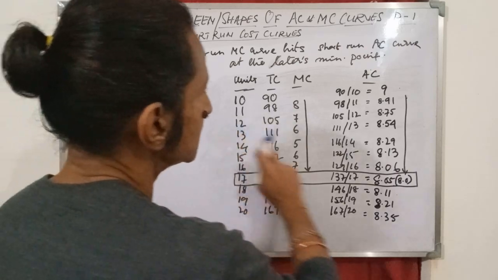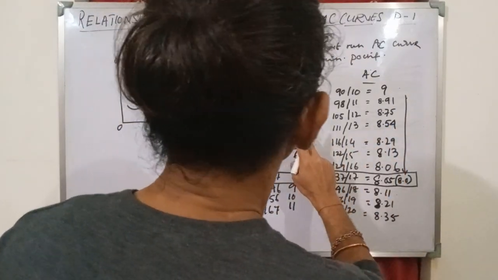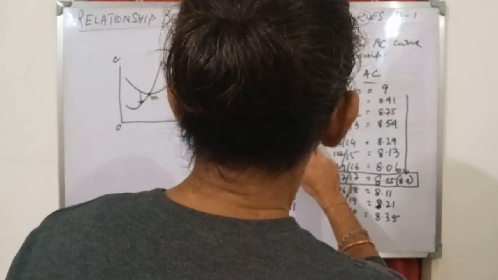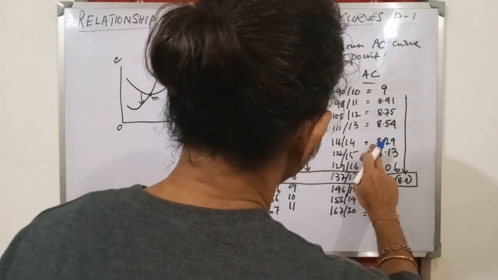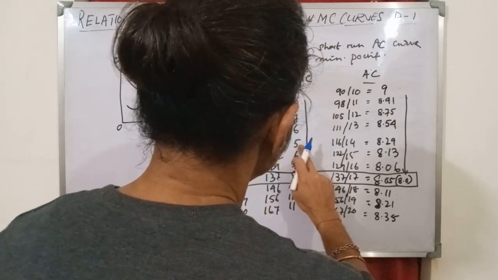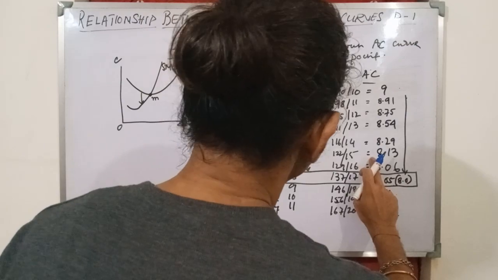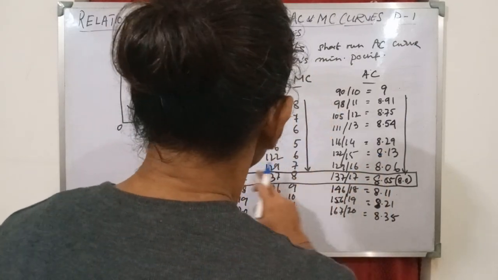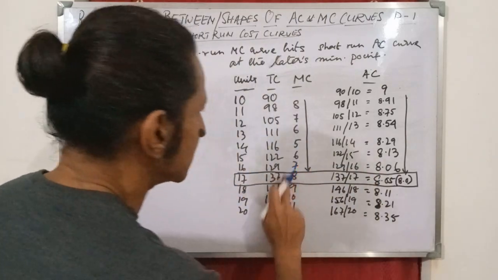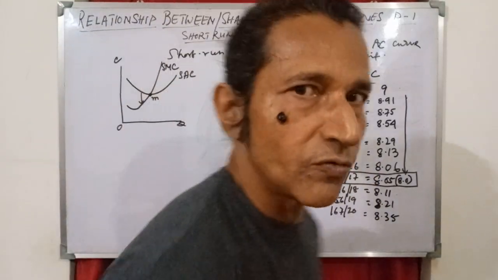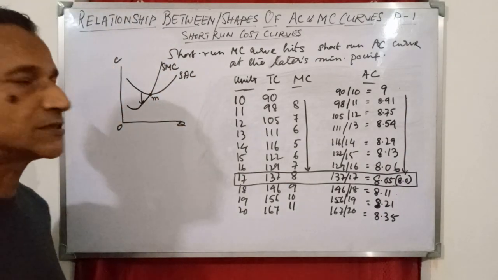For 12 units, average cost is 8.54, marginal cost is 6. For 14 units, average cost is 8.29, marginal cost is 5. For 15 units, AC is 8.13, MC is 6. For 16 units, AC is 8.06, MC is 7. So, for every average cost, the amount of marginal cost is lower.